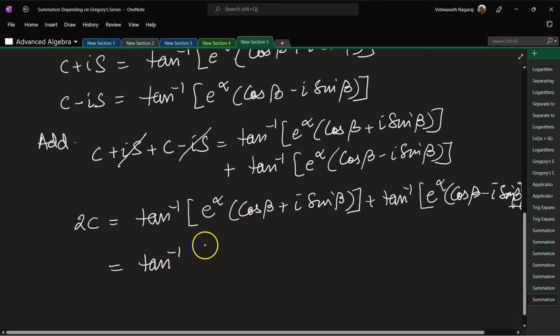Tan inverse of A plus tan inverse of B is equal to tan inverse of A plus B by 1 minus AB.